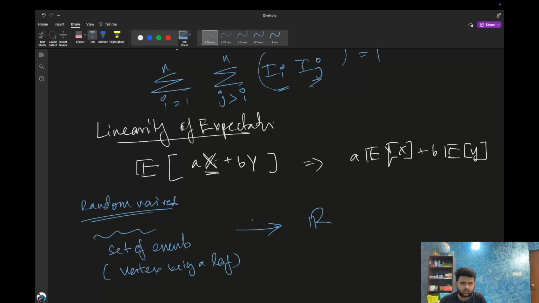So in this case our random variable is I_i, which maps from an event of the vertex being a leaf or not to 0 or 1. So we satisfy the definition, so linearity of expectation would work on our indicator variables too.